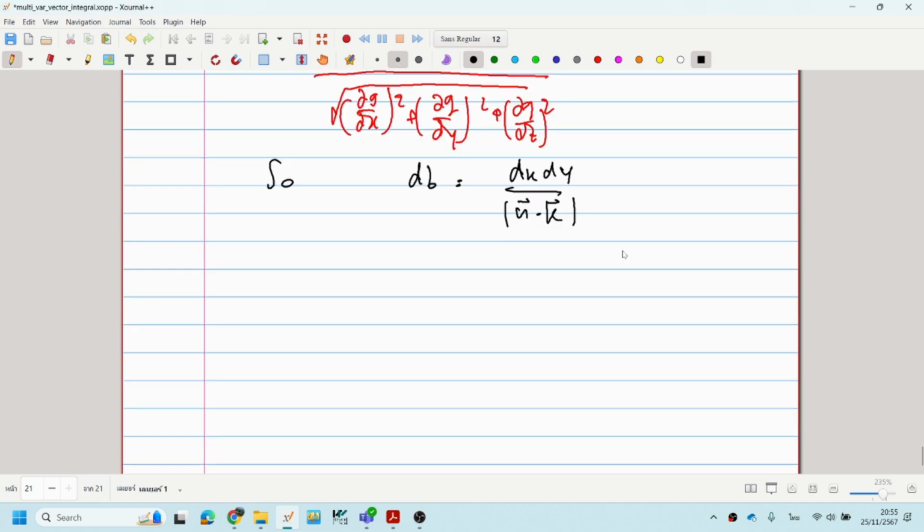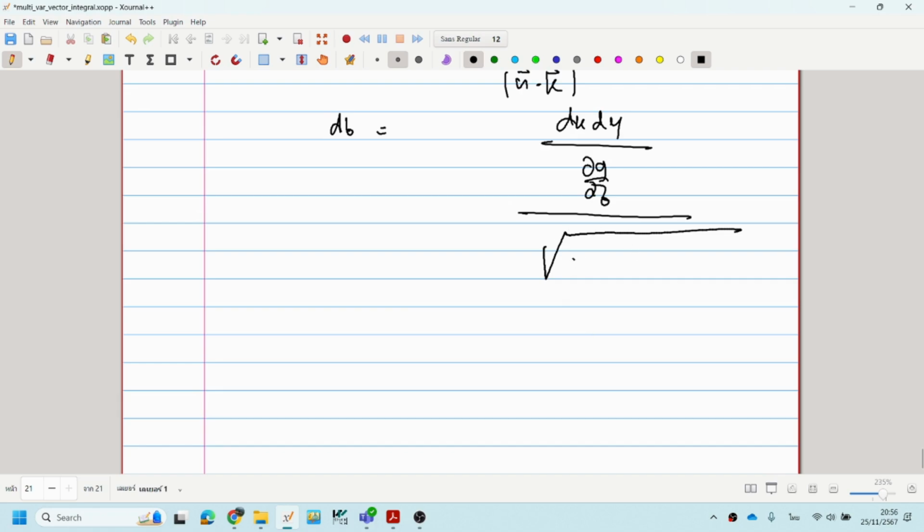So d sigma is dx dy divided by n dot k, which is dx dy divided by ∂g/∂z over the square root of (∂g/∂x) squared plus (∂g/∂y) squared plus (∂g/∂z) squared.